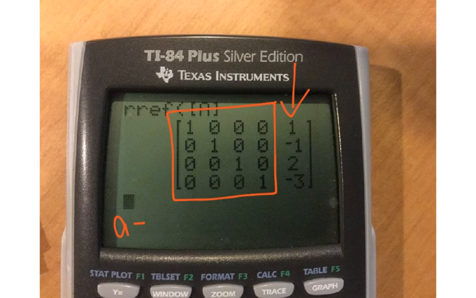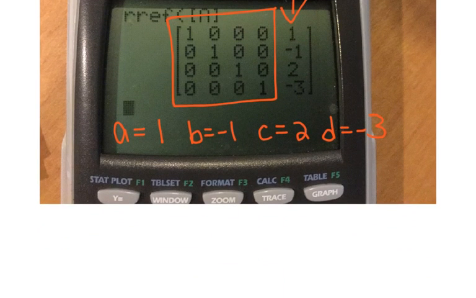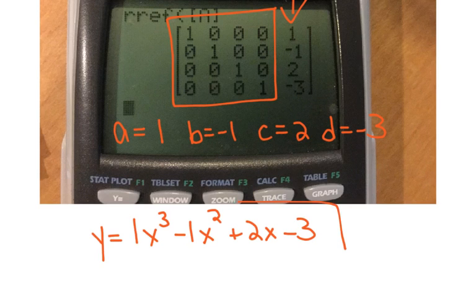What it's telling you is that A is 1, B is -1, C is 2, and D is -3. So the equation of this cubic function that best represents the data we plugged into the calculator is y equals 1x cubed minus 1x squared plus 2x minus 3.